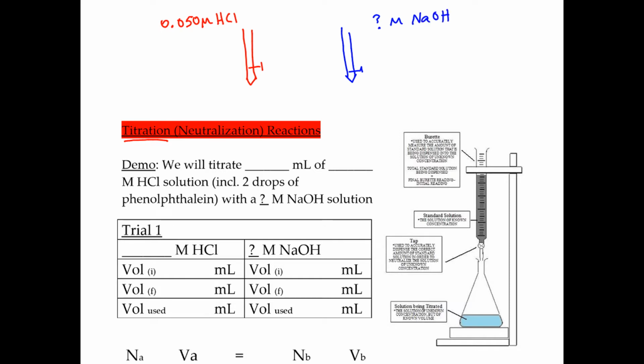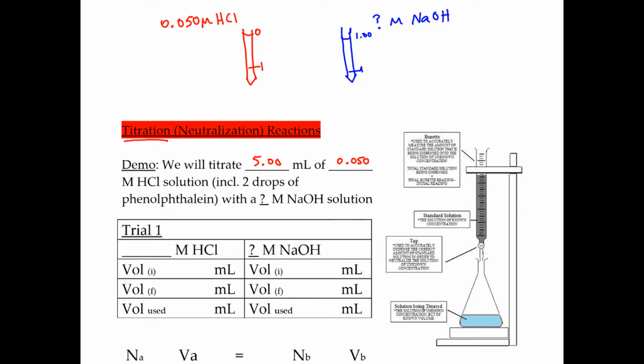So the first thing you did is you filled up your burettes with the acid and the base. So let's say that this one started at 0, and let's say for some reason you just filled up the NaOH up to 1. So that was 1, that was 0. Now you were supposed to take 5 milliliters of the acid. Okay, so this was a 0.050 molar HCl.